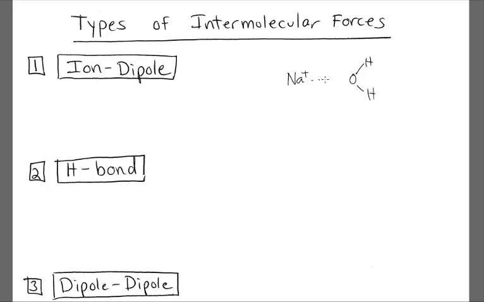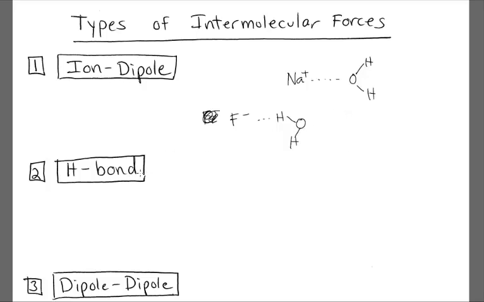There will be an interaction between them with the positive side of the sodium and the negative side of the dipole in the molecule. Okay, another example, it doesn't have to be positive ions, it can be negative ions. You can have F minus. And that can also be bonded to water, but in this case it would bond to the more positive side of the water, the hydrogens. So those are both ion dipole forces. And some of these are very, very strong.